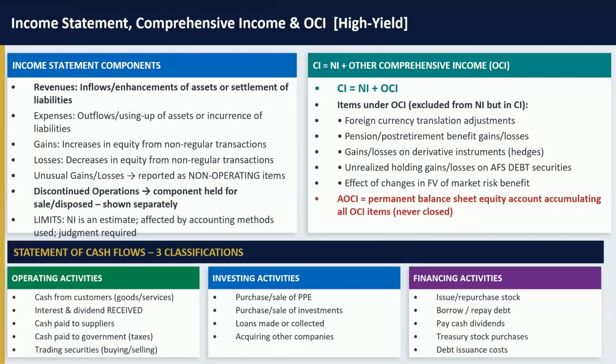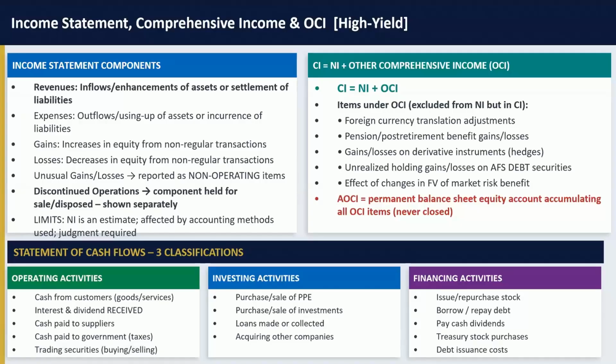Then comes gains and losses. Gains and losses, both of them are not frequent activities in our business. They don't result from core business operations. They occasionally occur when we sell assets, for example, or when we win a lottery or win a court case. At that point of time, it results in gain or loss.